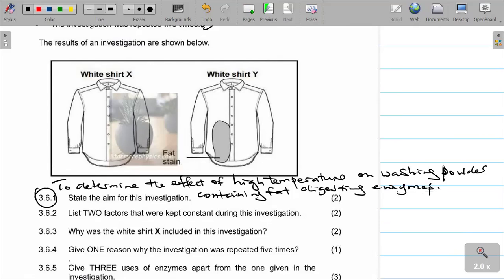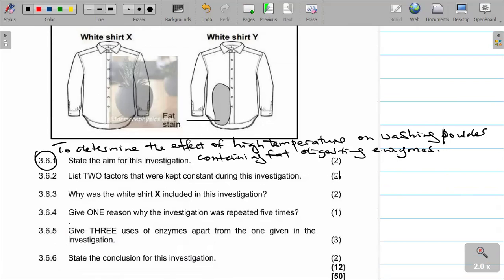This is given in the question, it is given in the essay. You want to see the effect of high temperature on washing powder containing fat digesting enzymes. That's the concept.